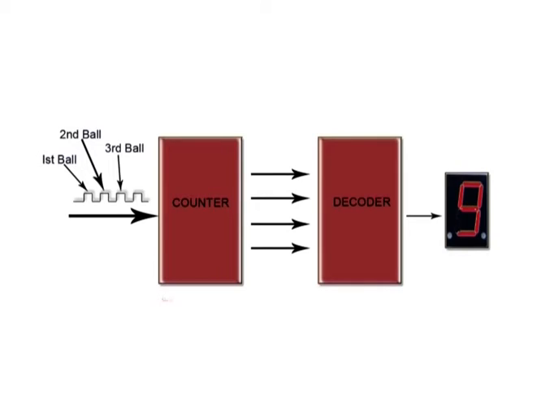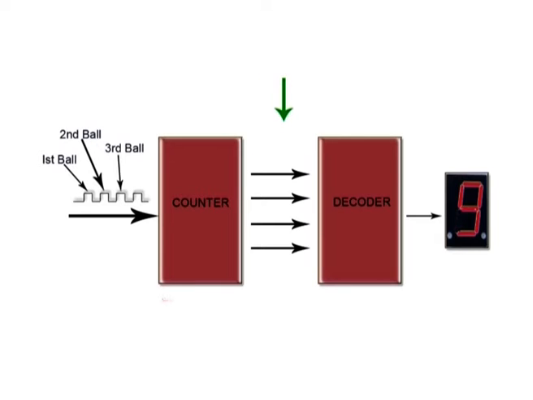Let's take a simple example of counting cricket balls going into a box from a conveyor belt. Assume that 9 balls are to go into each box. The counter in the figure counts the pulses from a sensor that detects the passing of a ball and produces a sequence of logic levels on each of its 4 parallel outputs.